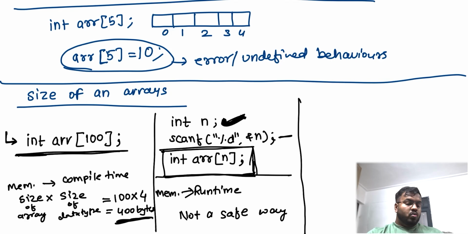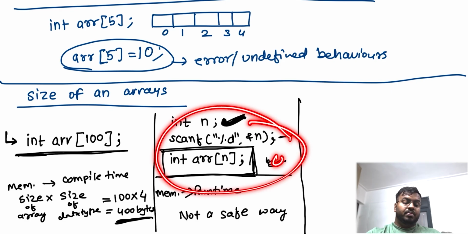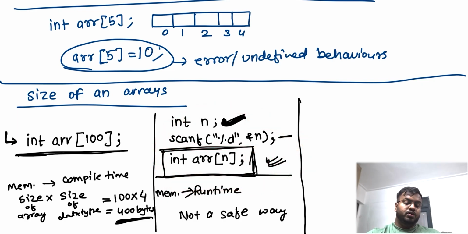But one more thing I want to make very clear is that earlier compilers were not supporting this. In old compilers, there was no support for this, so if you declared an array like this, you would get an error.